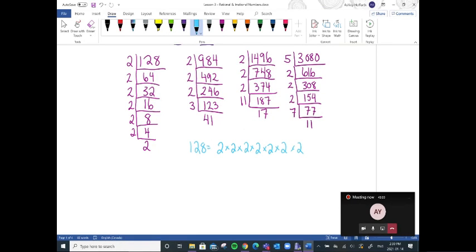And 984, we've got 3 2's, 1 3, and a 41. So 2 times itself 3 times, times a 3, times a 41. And then 1496 has 3 2's, 11, and 17.